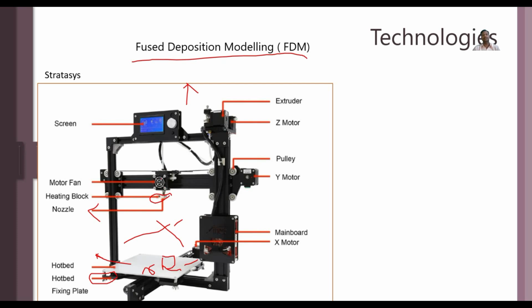The temperature generated at the nozzle can easily be cooled by using the motor fan. All these operations, the initial preheating setup and initial stage setups, can be given as inputs through this knob, where all the parameters can be adjusted by seeing the screen.